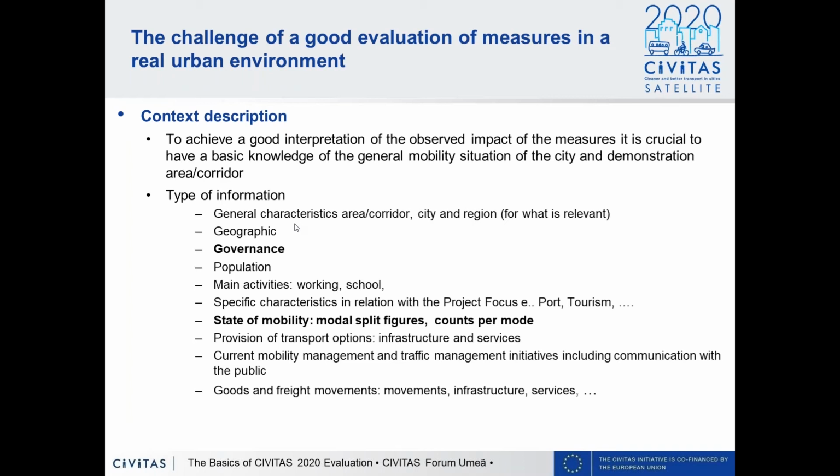In a city where already 30% of the people go by bike to their work, a lot of measures will work completely differently than in a city where only 1% is doing that.